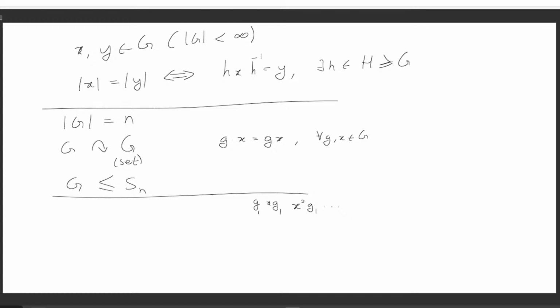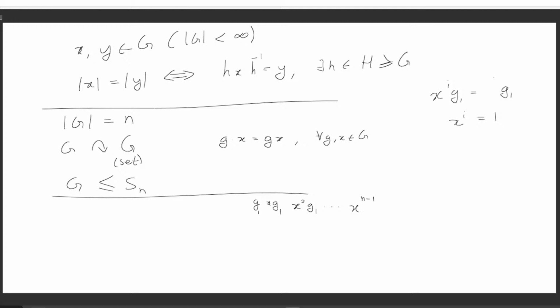Actually, x and g1 are elements of G. If you write x power i g1 equal to g1, what does it mean? x power i is equal to e. So it can only happen when i is the order of x.